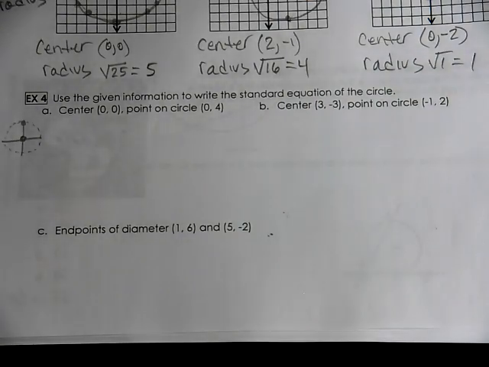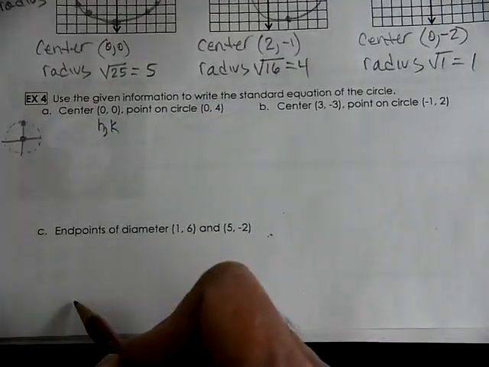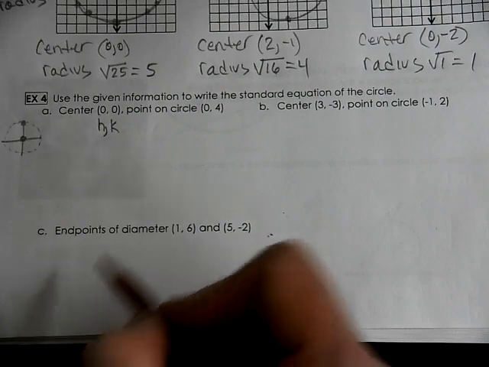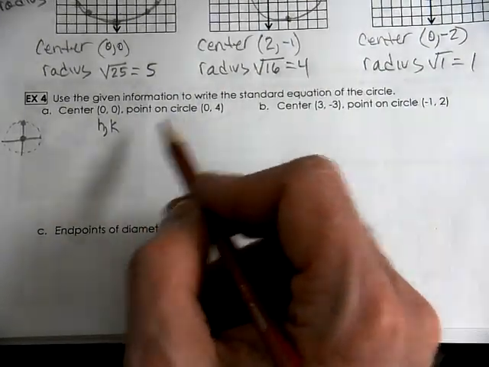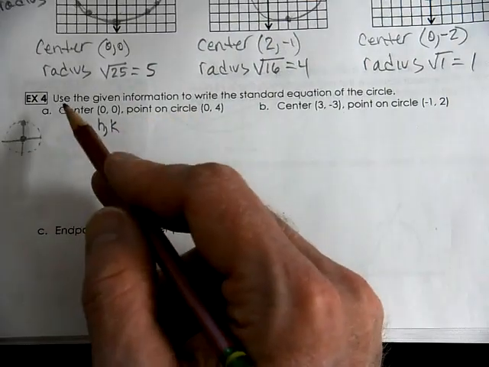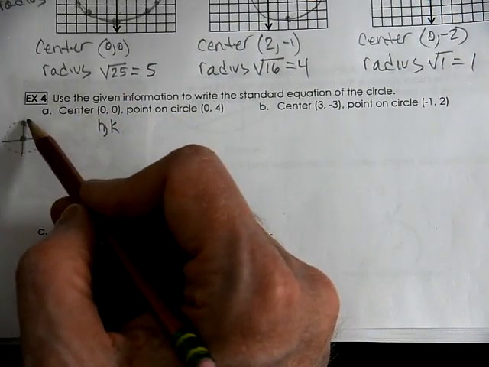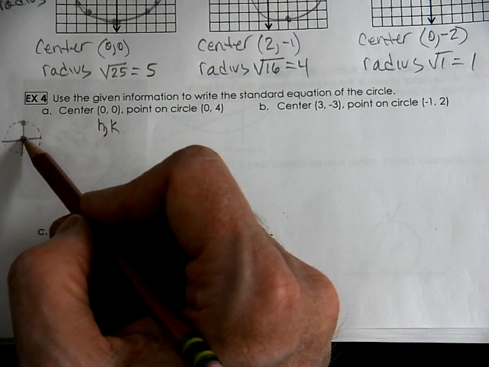Well, there's a couple different ways we can do this. We have a center of h, k. Now what I don't know is my radius. I have a point on the circle, and what makes this convenient is it is vertically compared to the center point.